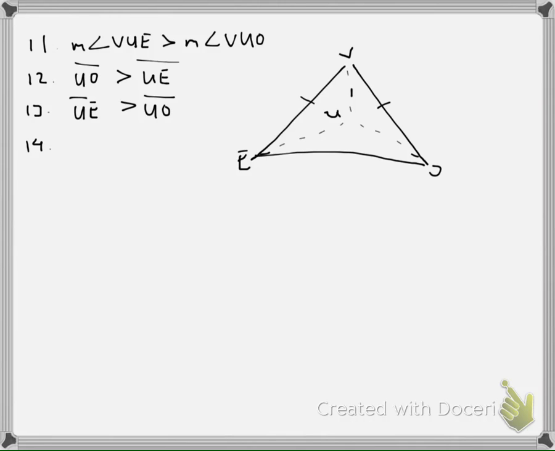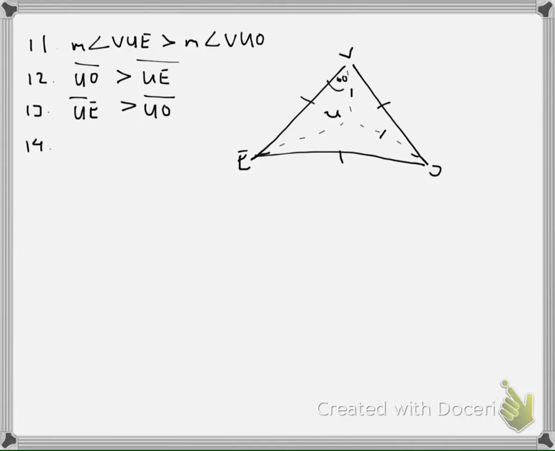Number 14, it says that the measurement of angle EVU is 60, so right here is 60, right there is 60, and then OE is congruent to OU, and then angle VOE is greater than angle VOU.